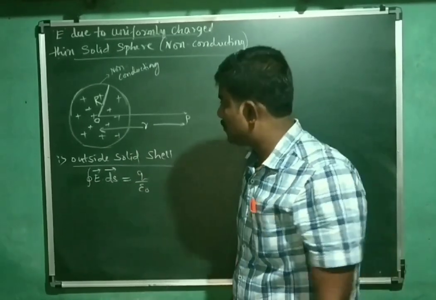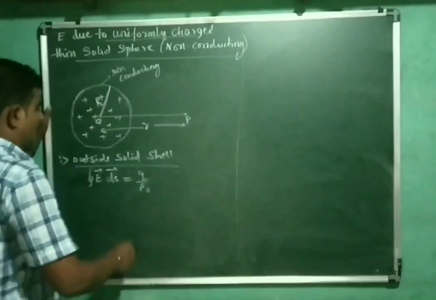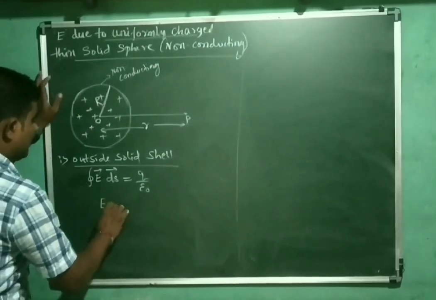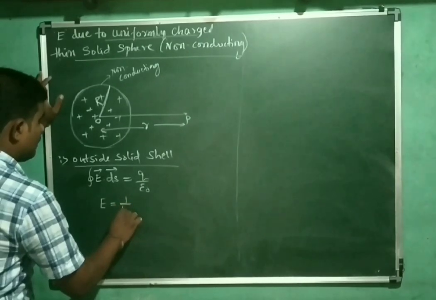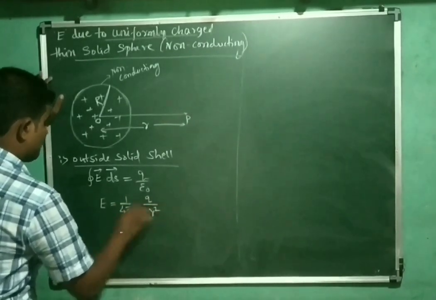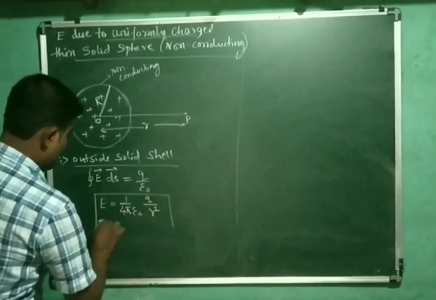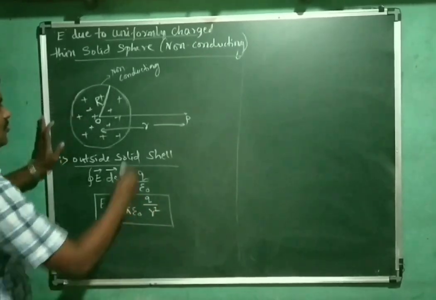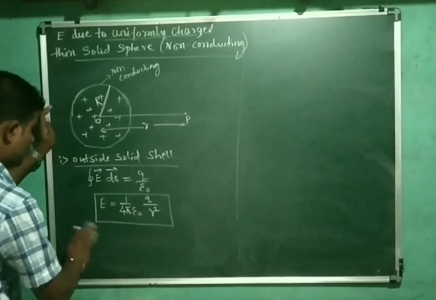This is how it actually looks. Therefore I can directly write electric field E is equal to 1 divided by 4 pi epsilon naught q divided by r square. This is electric field on the outer surface of the solid shell.